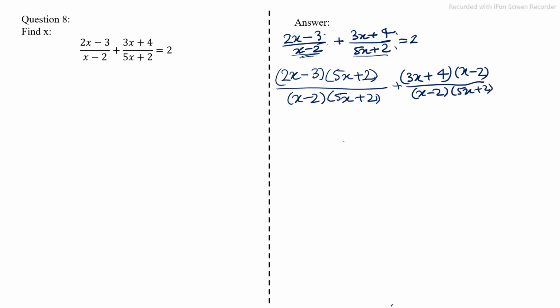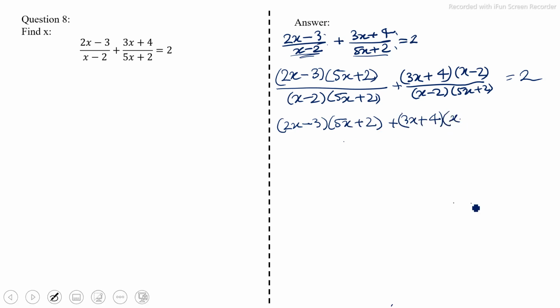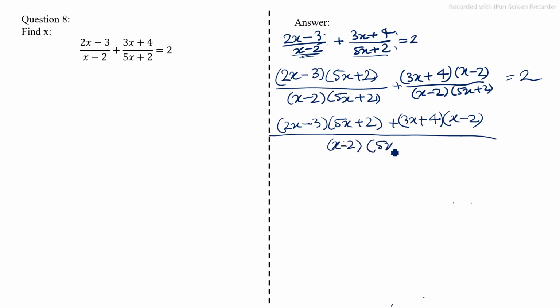Now you might observe these are the same denominator, so we can actually just add them. If we add them, we get 2x minus 3 and 5x plus 2 plus 3x plus 4 and x minus 2, divided by x minus 2, 5x plus 2.